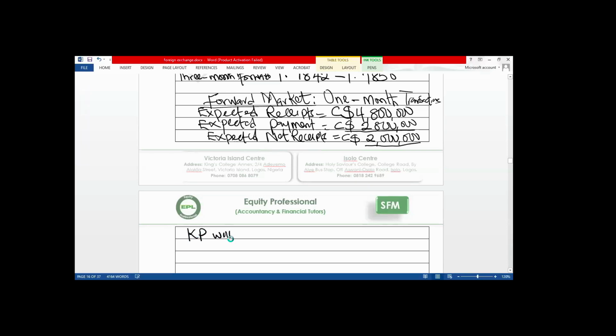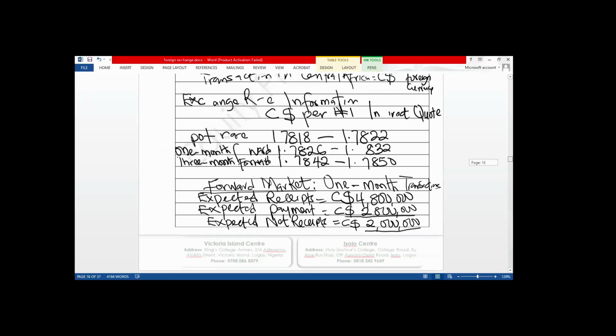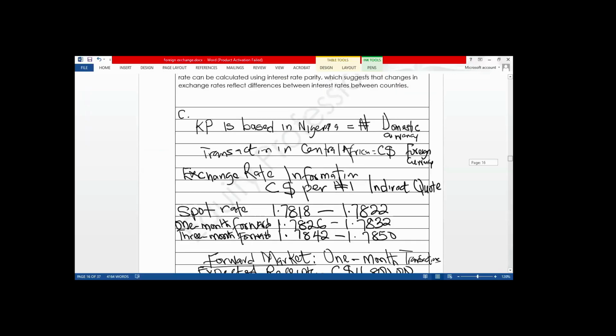KP will sell, bank will buy. So at what rate will the bank buy? Under indirect quotes. Remember the rules. At what rate will the bank buy?